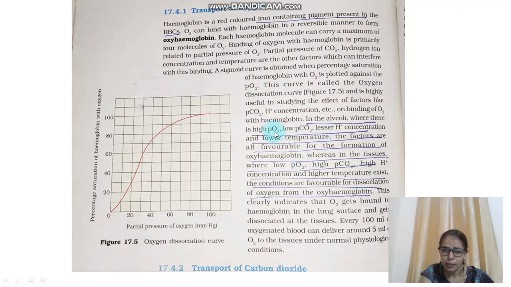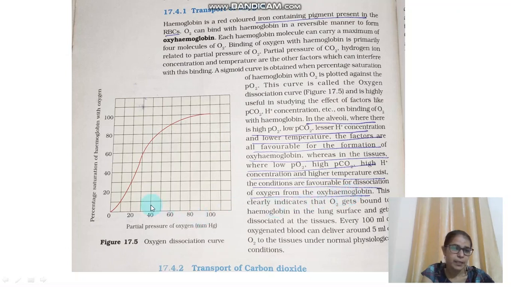For binding of oxygen with hemoglobin, we need high PO2, but for separation, we need less PO2. Here it was low PCO2, but now it is high PCO2. Third, lesser hydrogen ion concentration for formation and high hydrogen ion concentration for dissociation, as well as high temperature. These four factors are the conditions that result in separation of the oxygen from the oxyhemoglobin.